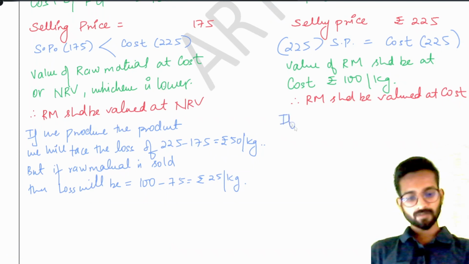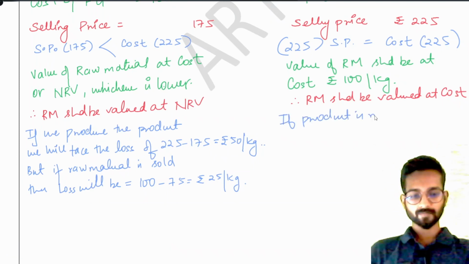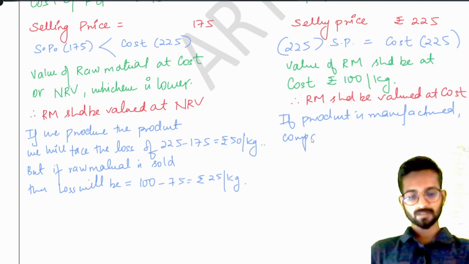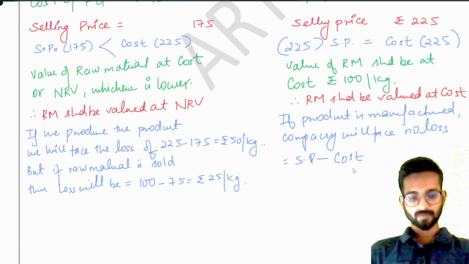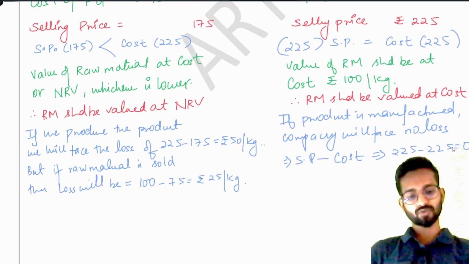See, if product is manufactured, company will face no loss, because selling price minus cost, that is 225 minus 225, it will be 0. It means there is no loss.